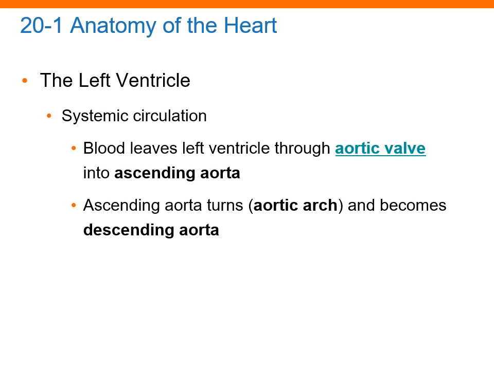I don't know how familiar you are with this, but your aorta goes really far down. The descending aorta goes down the midline of your body, all the way down your abdomen, very, very far down, and it branches into the kidneys, into your legs. So the descending aorta is a huge blood vessel down the center line of your body.